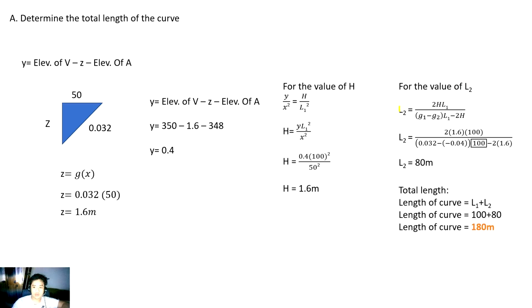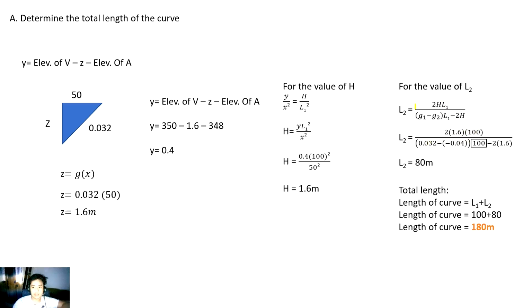So, for the L2, ang gagamitin natin formula ay 2h L1, over G1 minus G2 times L1 minus 2h. So, yung h natin is 1.6, so isa-substitute lang natin siya sa h. Then, yung L1 ay 100.